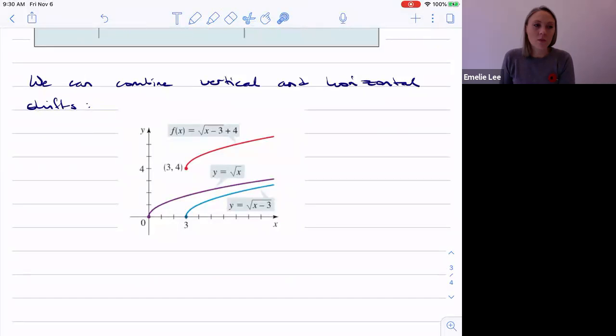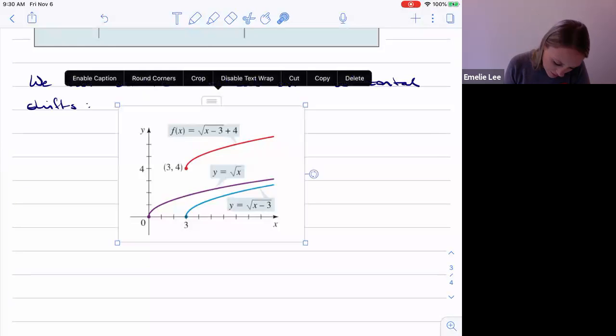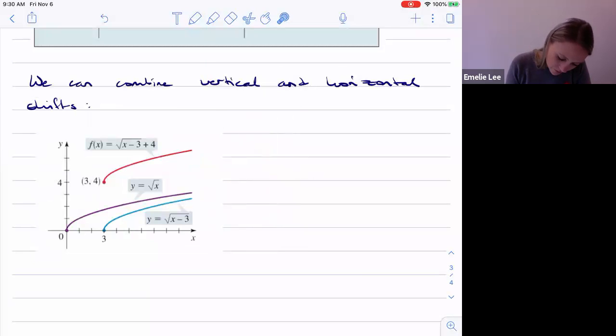So what we start with, let's say overall, if the end goal is to graph something like the root of X minus 3 plus 4, what you do is, and I'll move this over here, okay, and I'll just outline it.